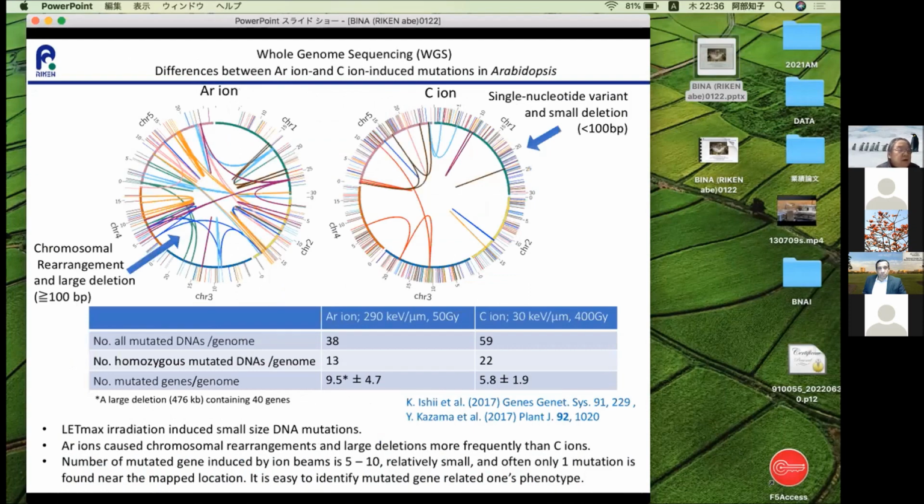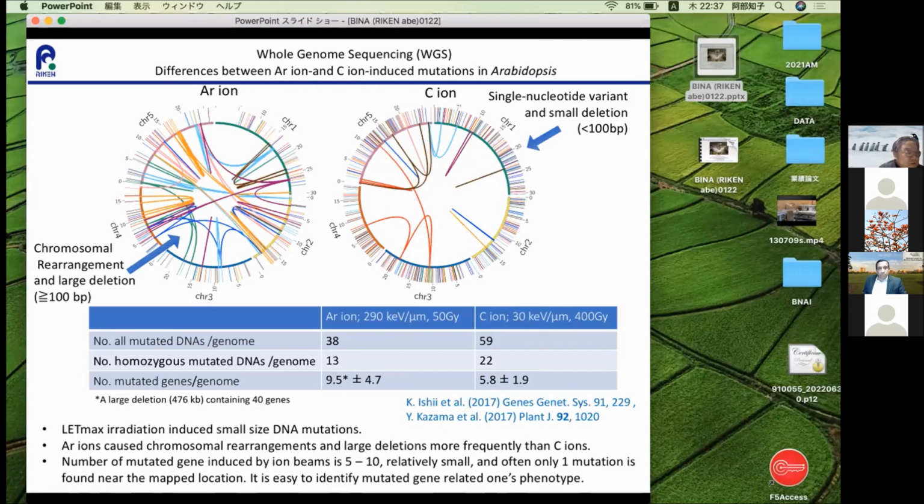We tried to analyze mutations genome-wide in Arabidopsis, using 8 mutants in each treatment. These diagrams show mutated DNA in argon and carbon ion-induced mutants. Rearrangements and large deletions, more than 100 base pairs, are plotted as lines on the interior of the circles.